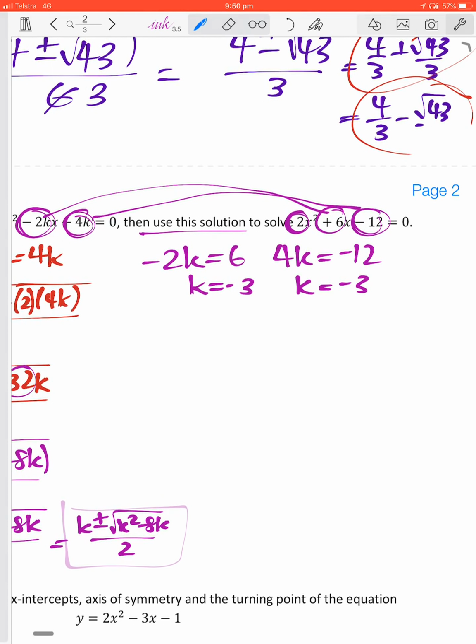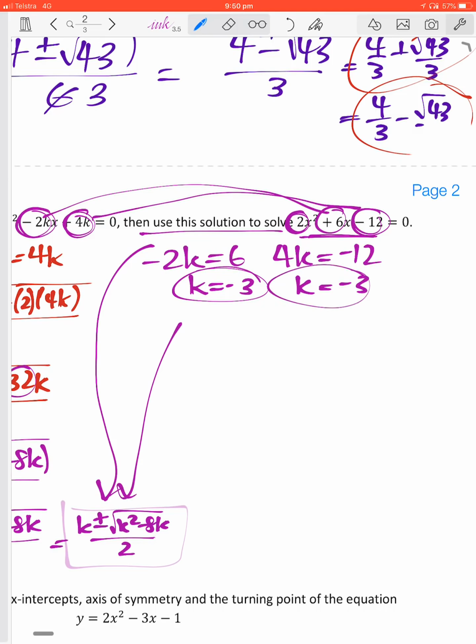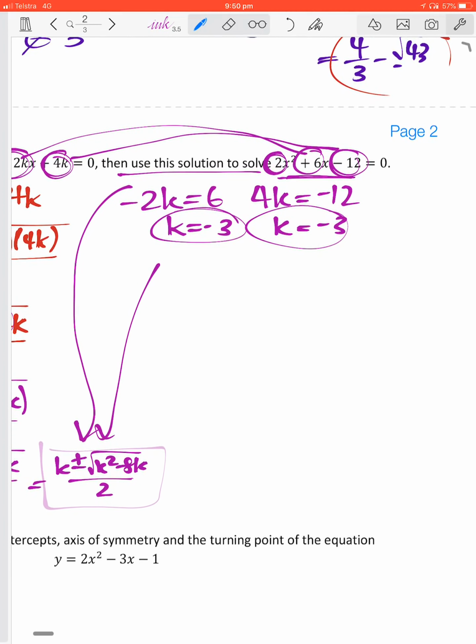Now it says then use this solution. So it's saying use this to then work out what the solutions are for this. So it's saying use k equals -3 in this solution to find out what our x-intercepts are. So we say x is -3 plus or minus the square root of (-3) squared minus 8 times -3, all on 2, because I've got a 2 here.